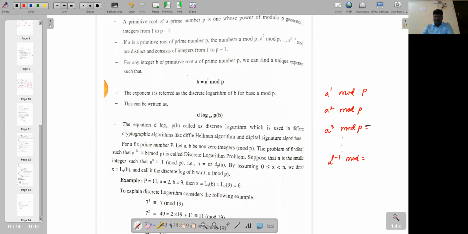I hope the presentation screen is visible to everyone. All these values will give the unique numbers which come from 1 to p minus 1.